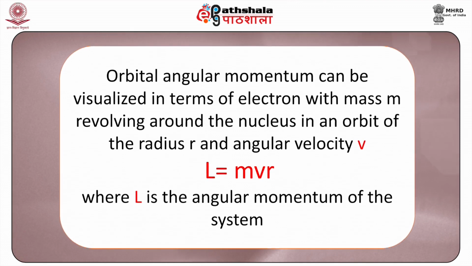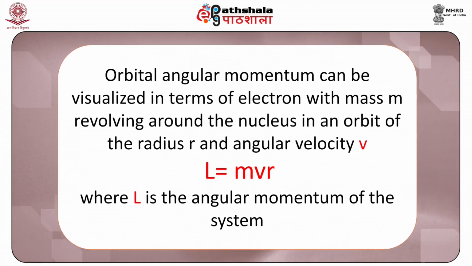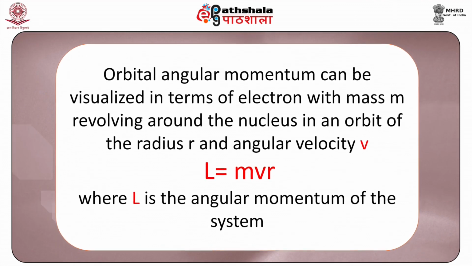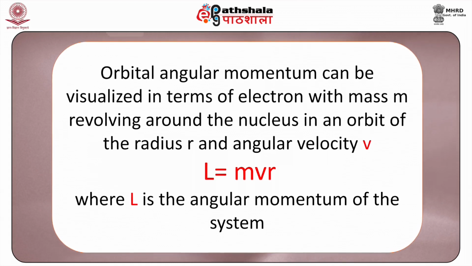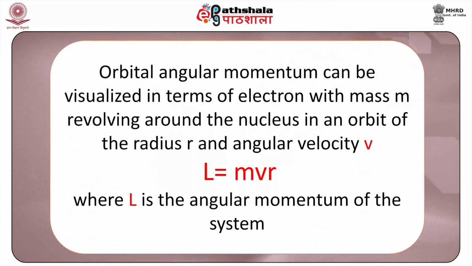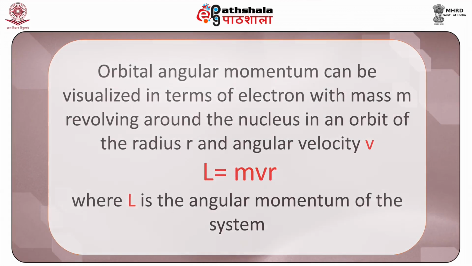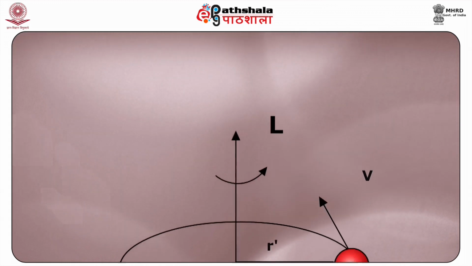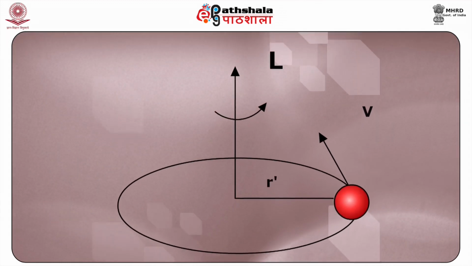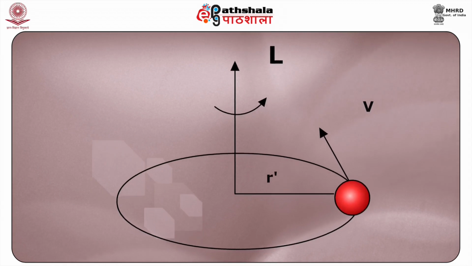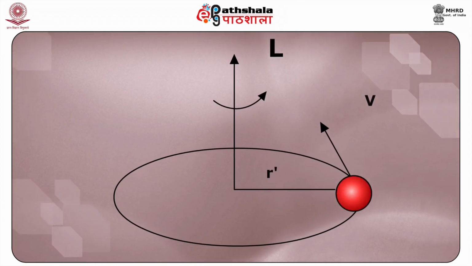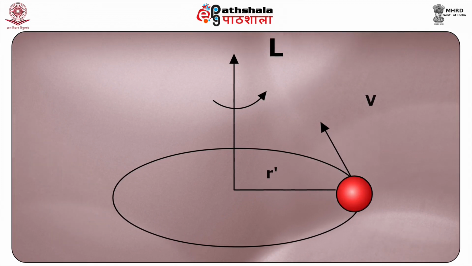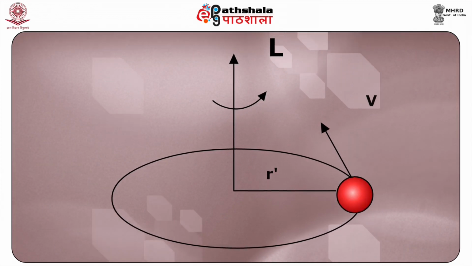The expression is now given as capital L is equal to m into v into r, where capital L is the angular momentum of the system. The orbital angular momentum can be represented by a vector. The vector representation of the electron rotating in Bohr's orbit.